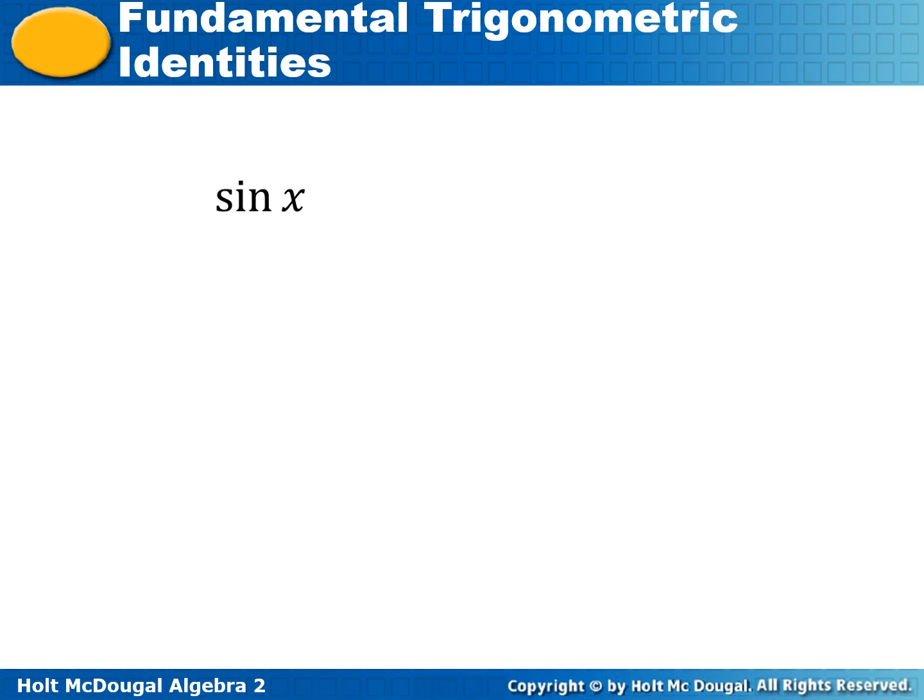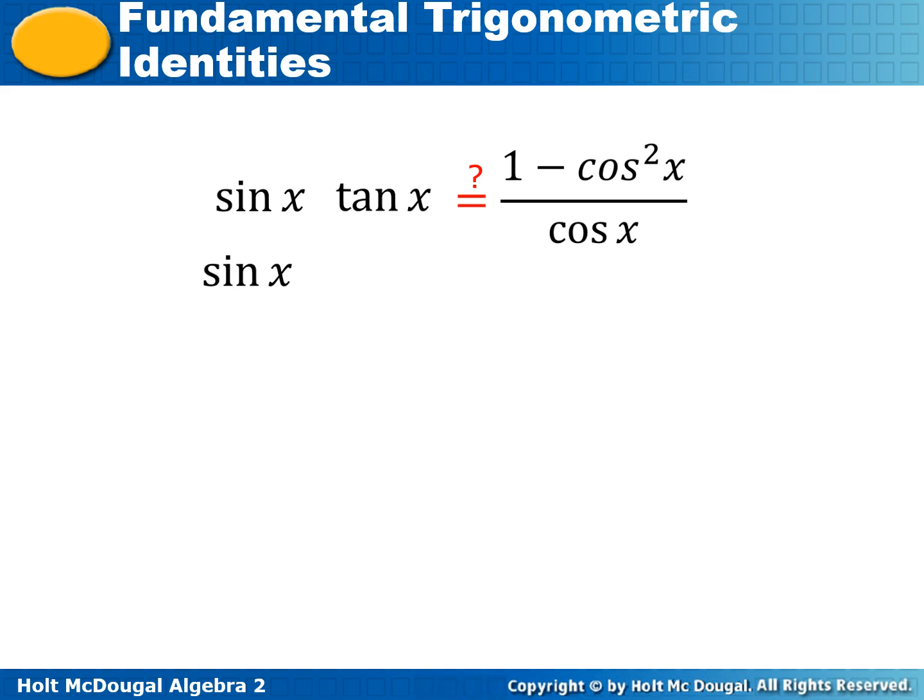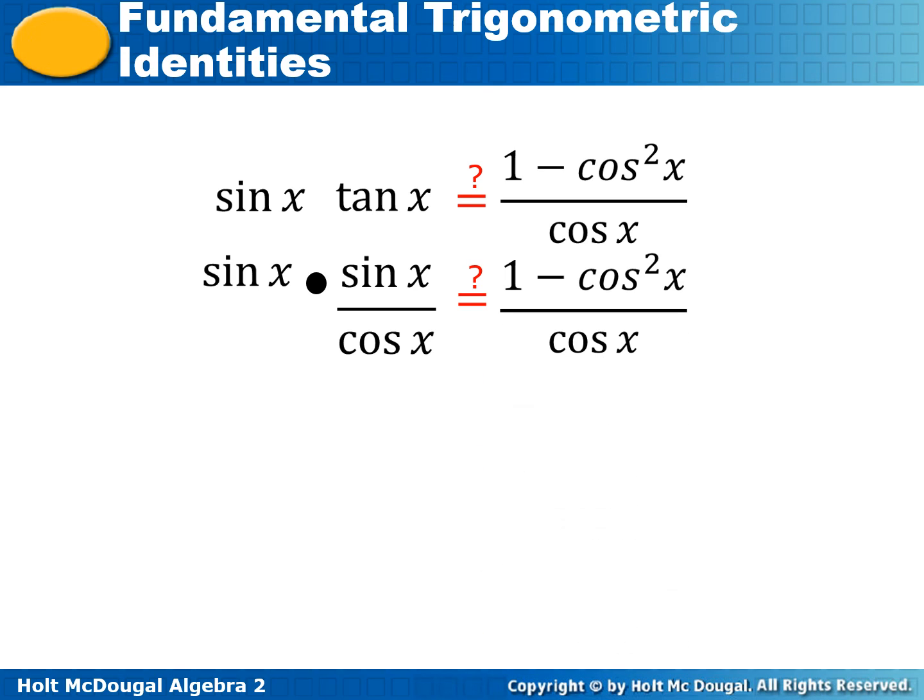So for our last example, we are going to prove that sine x times tangent x is equal to 1 minus cosine squared x over cosine x. So from here, we are going to have sine x times, we write tan x as sine x over cosine x. Is it equal to 1 minus cosine squared x over cosine x? From here, sine x has a denominator of 1 so that we can multiply numerator times numerator.